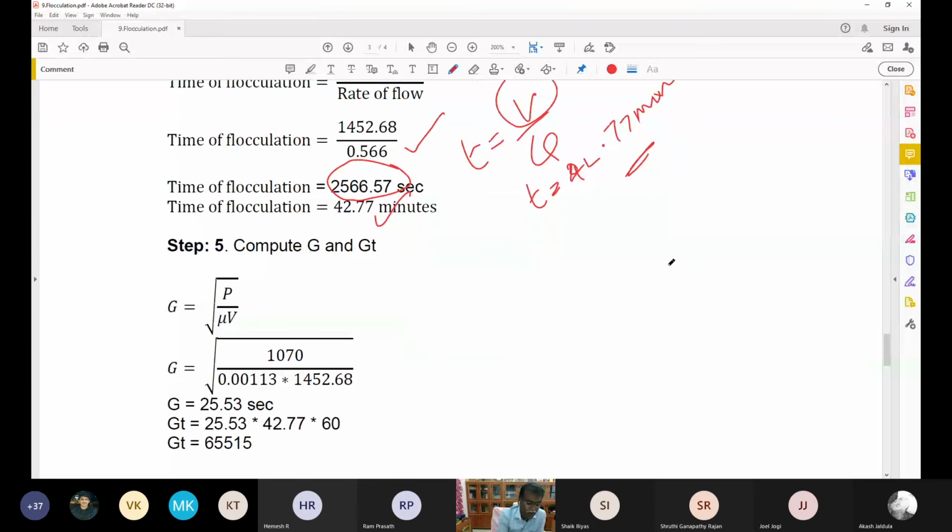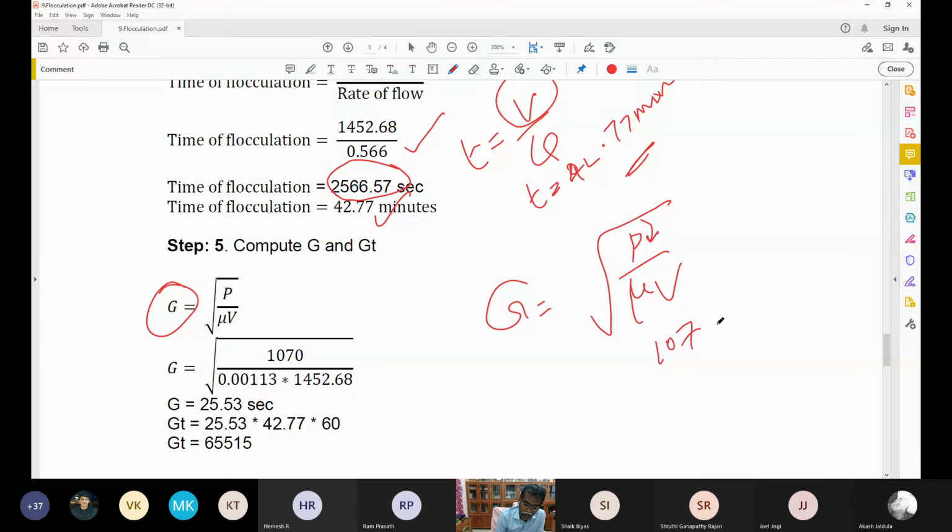Once the T value is known, you can calculate the G and GT values. The G value we are already familiar with. G is equal to the square root of P by mu into V. P we have already calculated as 1.07 kilowatts or 1070, divided by mu at 15 degrees Celsius, 0.113, into the volume we calculated in the previous step, that is 1452, square root.